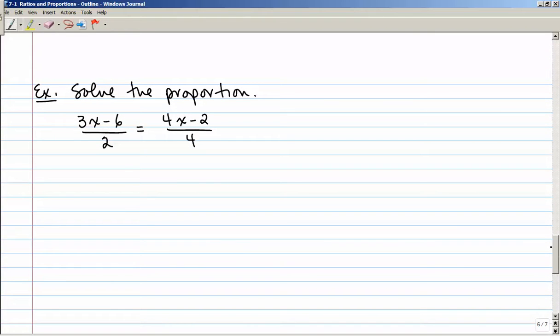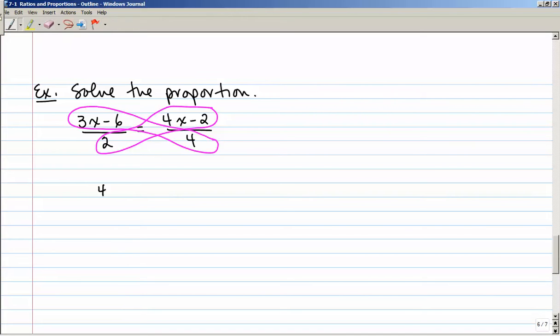Let's solve this proportion. 3x minus 6 over 2 is equal to 4x minus 2 over 4. So let's do the cross products. These two multiplied are going to be equal to these two multiplied.